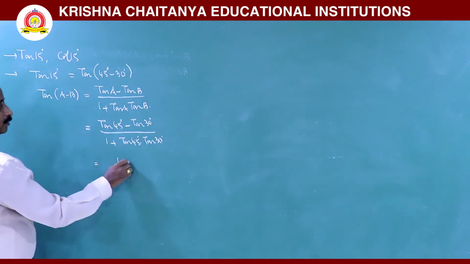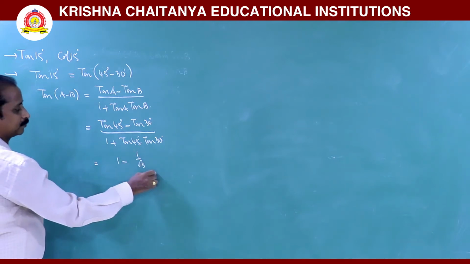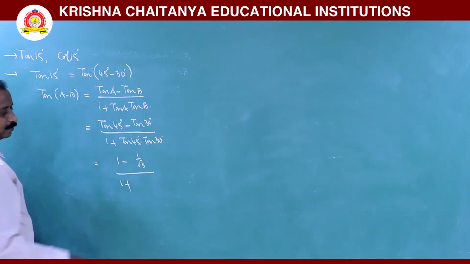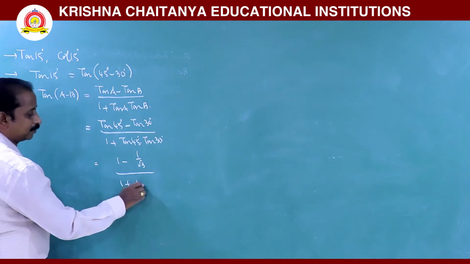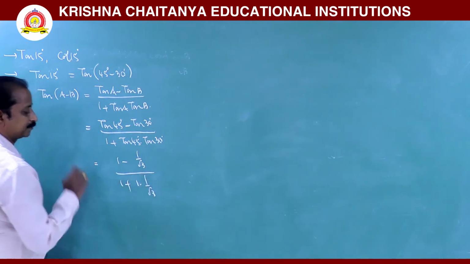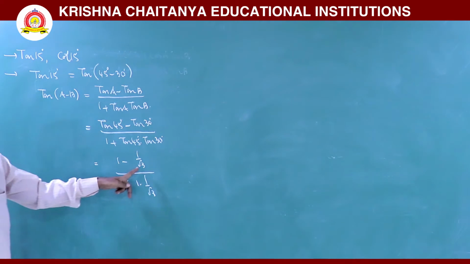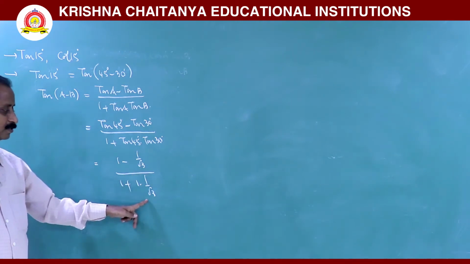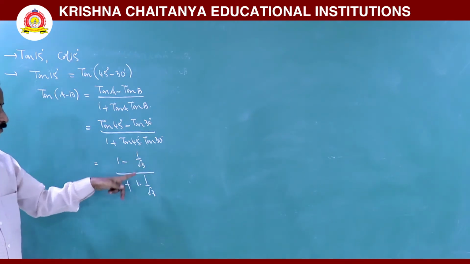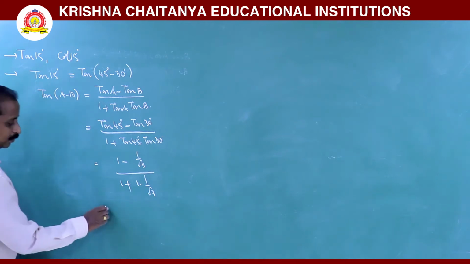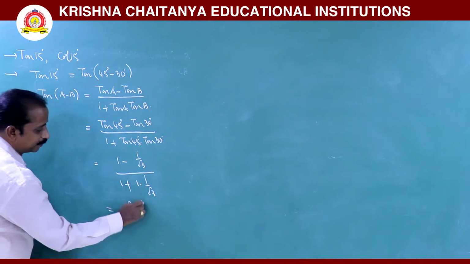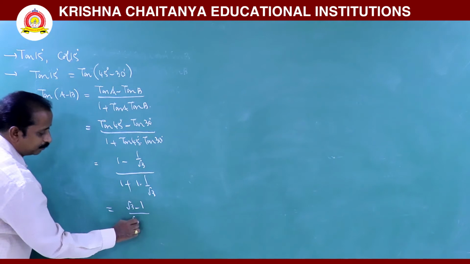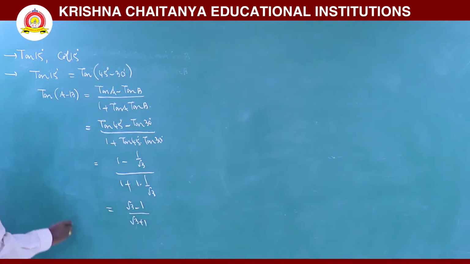So 1 minus 1 by root 3 divided by 1 plus 1 into 1 by root 3. Numerator LCM root 3, denominator LCM also root 3. After LCM, root 3 gets cancelled. So we get root 3 minus 1 by root 3 plus 1. So this is nothing but tan 15 degrees.